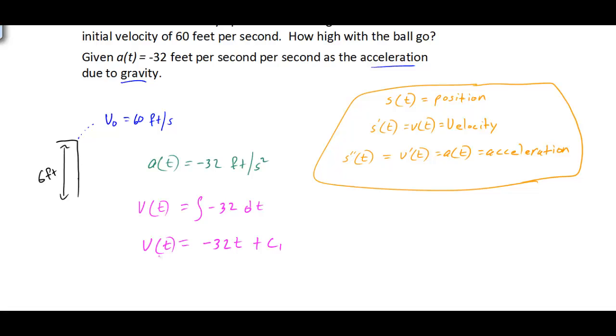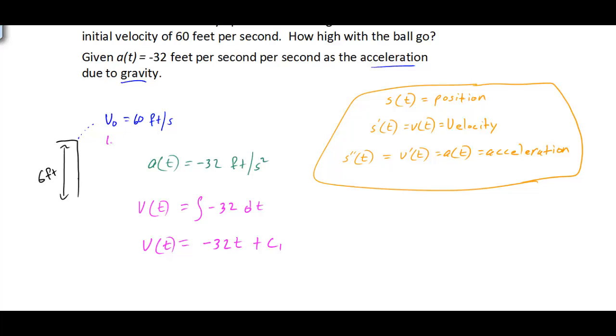Now, this is the general solution because we don't know the value of c, but given some of the information from the problem, can we find the value of this constant c sub 1? Well, if we look over here, we know the initial velocity is 60 feet per second, and that's going to occur when t is equal to 0.